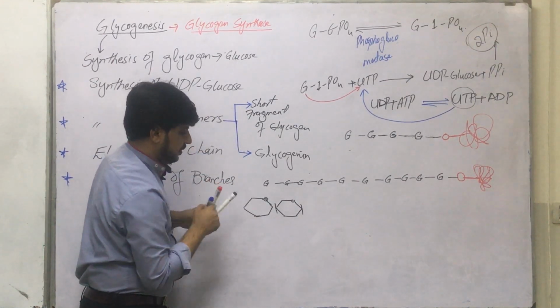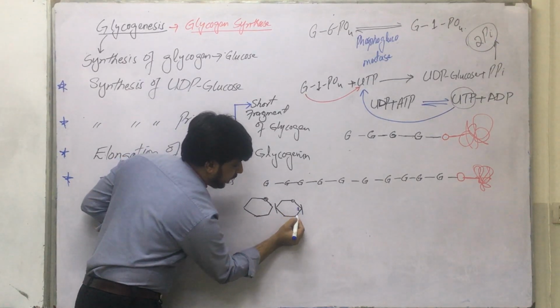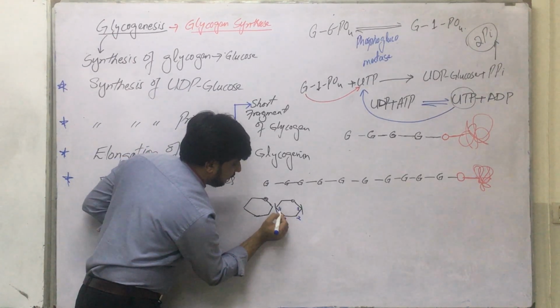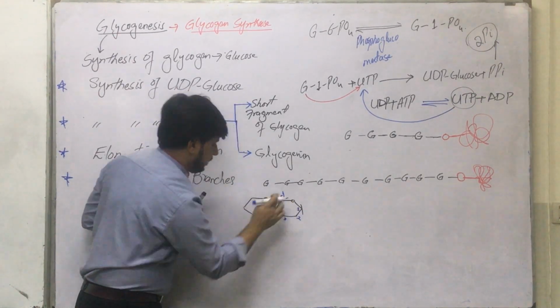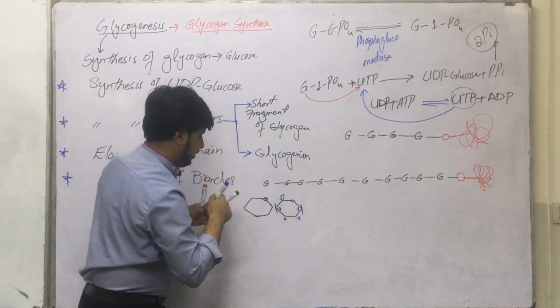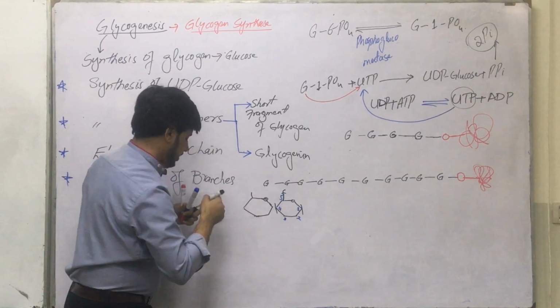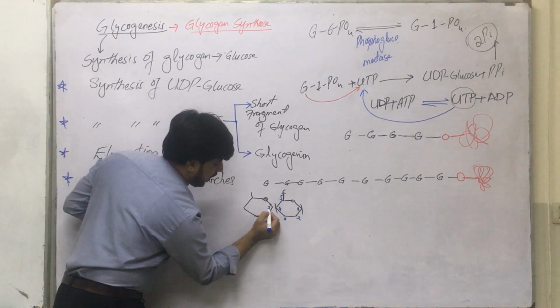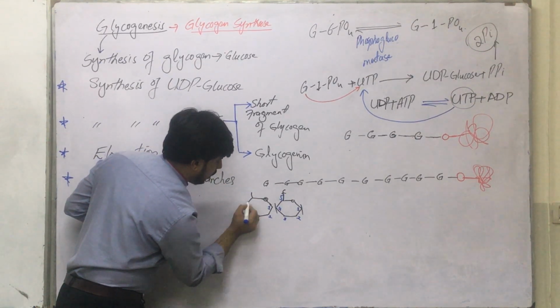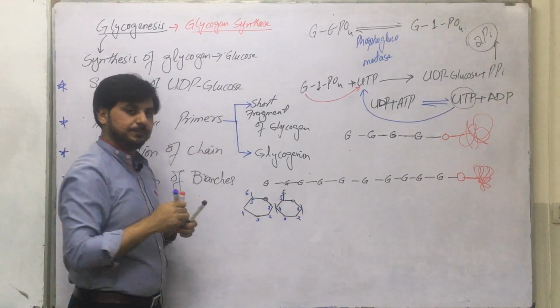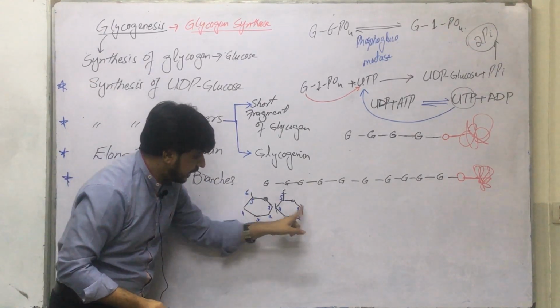Here, this is carbon number 1, 2, 3, 4, 5, and here is carbon number 6. Same with this: 1, 2, 3, 4, 5 and 6. This is the carbonyl carbon.